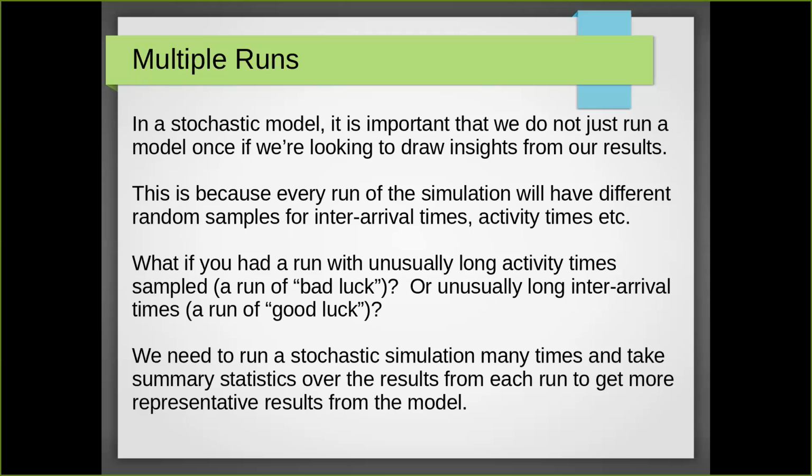Each time that we run it, the patients are coming in on average every 5 minutes or whatever it is, but we're randomly sampling from a distribution with that mean, and the actual numbers used in that particular run will differ. That can lead to very different results, particularly if the system is at a tipping point, where it could collapse at any moment.